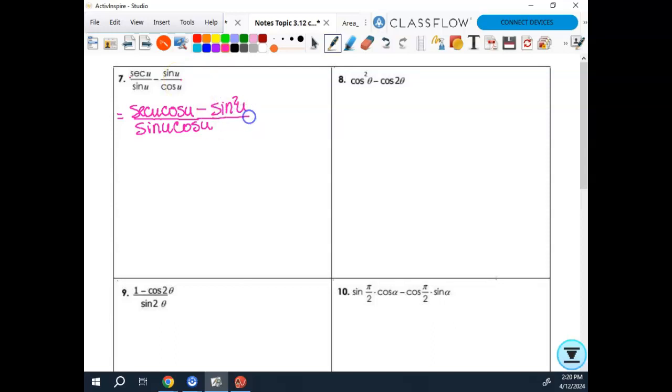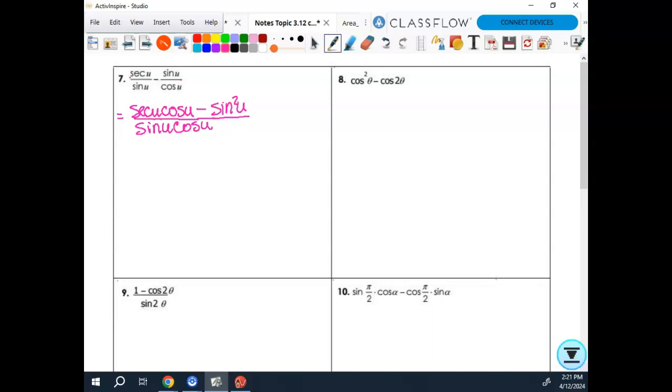Now, I'm going to pause here and give you a little bit of tough love. If you have no idea what I just did, it has absolutely nothing to do with trig and absolutely nothing to do with pre-cal and everything to do with 4th grade fractions, okay? And I cannot reteach fractions every time a fraction comes up. I got a common denominator with the exact same rules that we always get common denominators with.